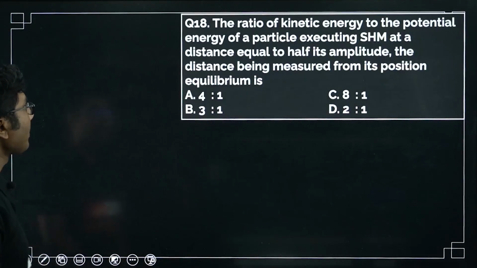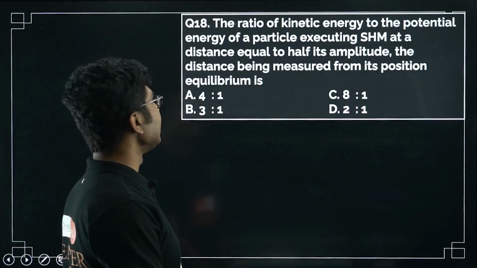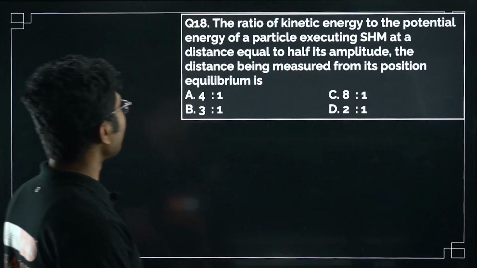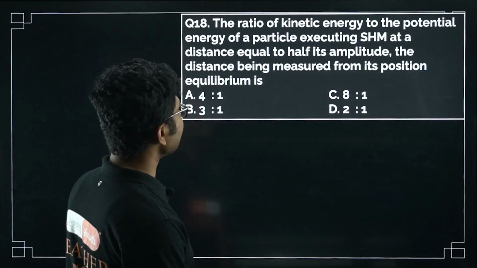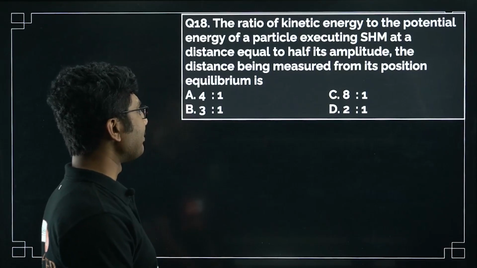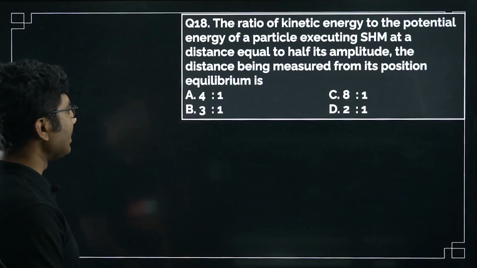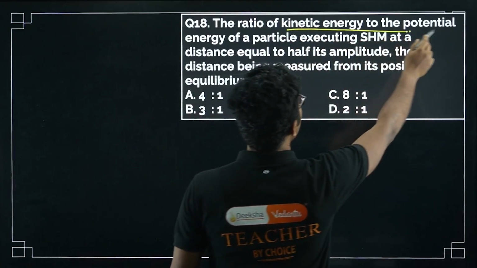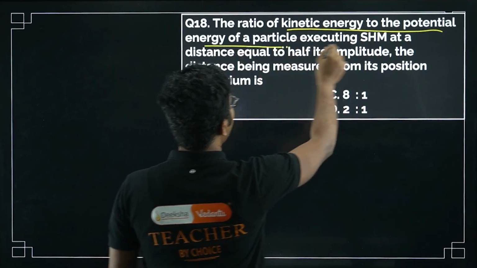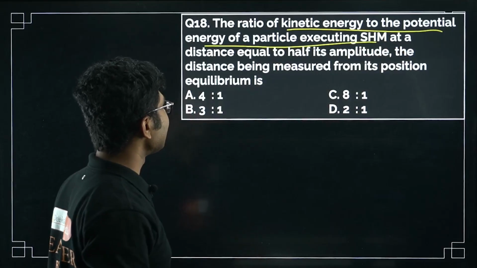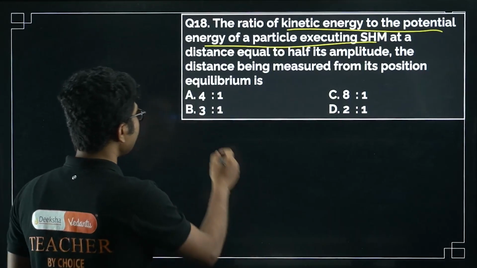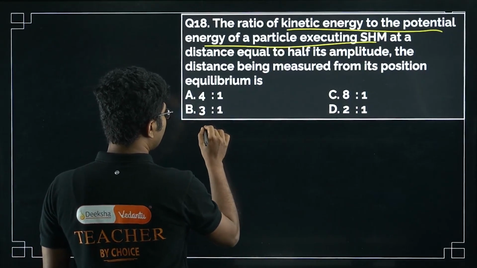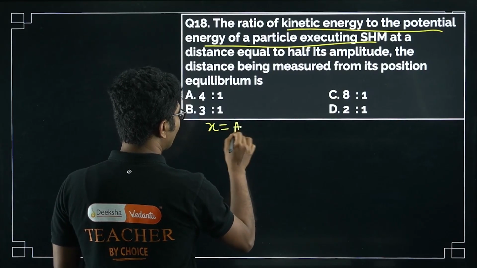Now next question. The ratio of kinetic energy to the potential energy of a particle executing SHM at a distance equal to half its amplitude, the distance being measured from the position of equilibrium. Okay, so the distance is equal to a by 2.